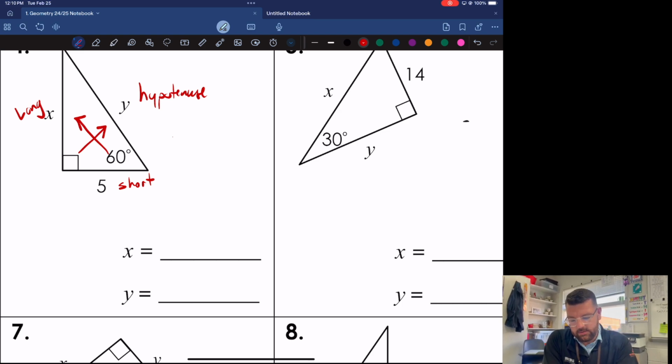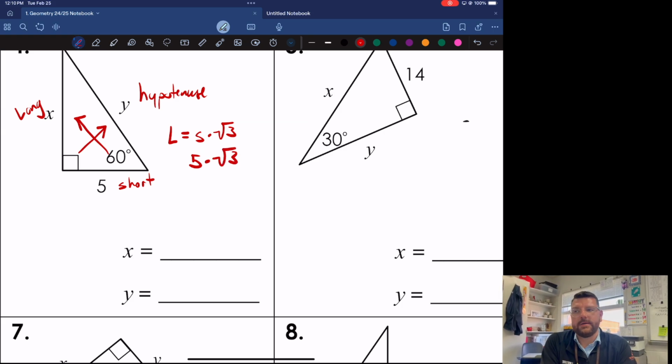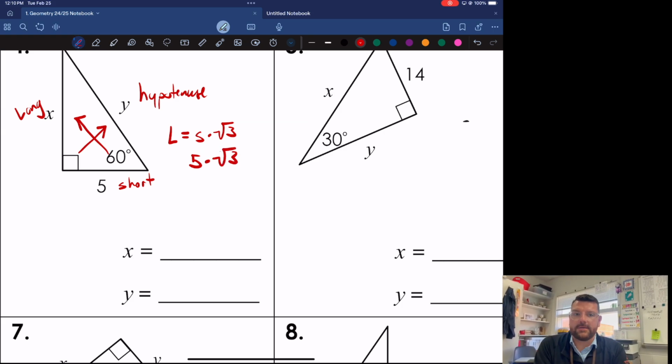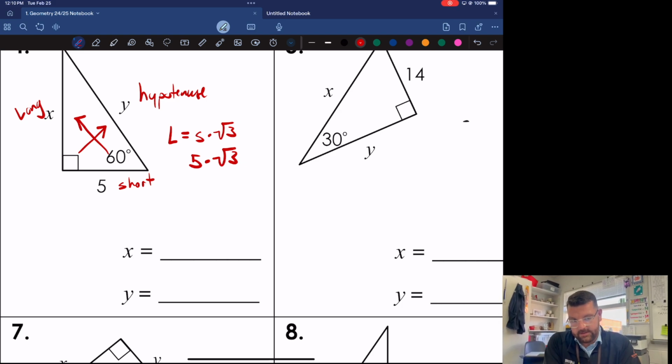So I'm going to write long equals S times the root of 3. And our short side here was 5 times the root of 3. Can I multiply inside and outside of the radical symbol? No, so I'm just going to leave it 5 root of 3.